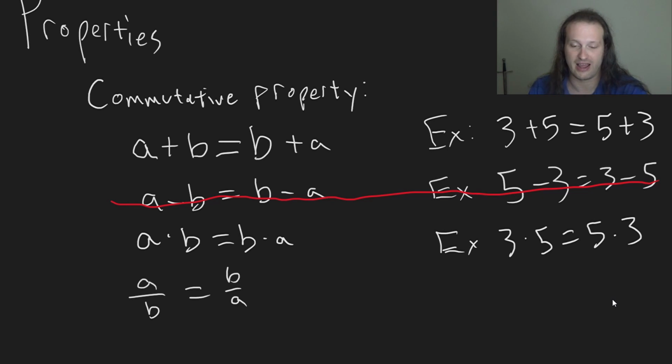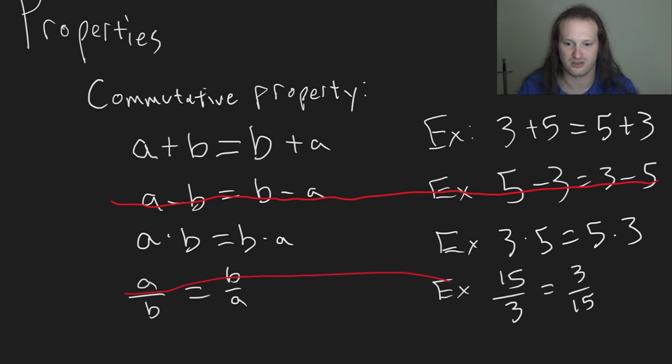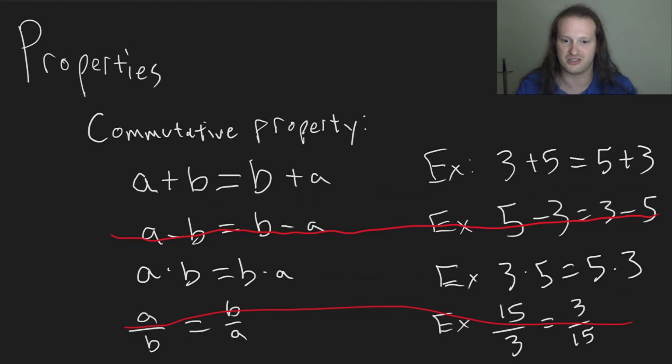Sometimes, but not necessarily all the time. So here I will say 15 over 3 is the same thing as 3 over 15. And this is 5, this is 1/5. So division is not commutative. This is more properly called the commutative property of addition and multiplication.